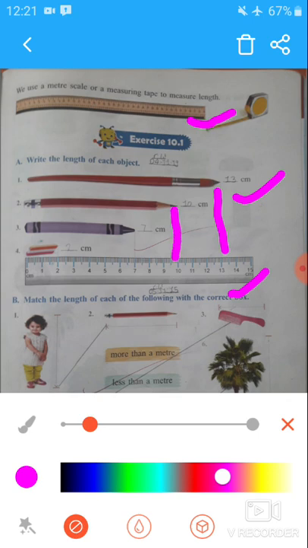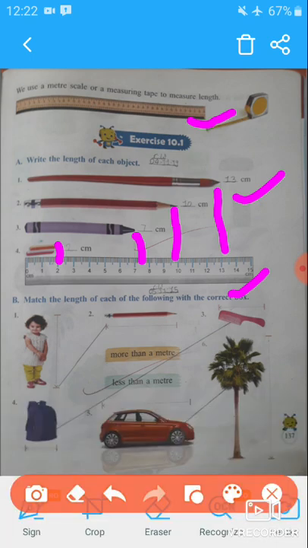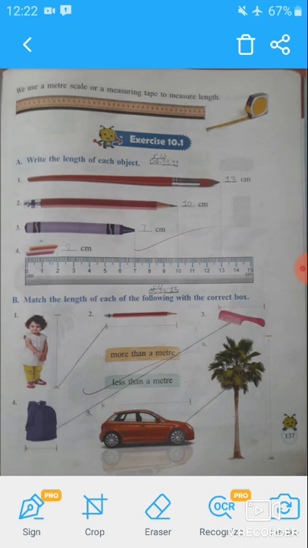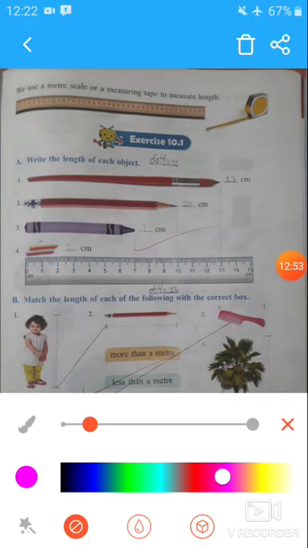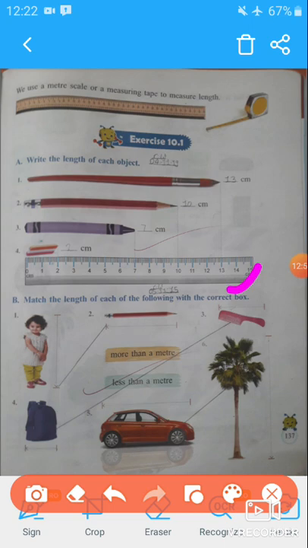Right, 10. And the length of crayon is 7 centimeter. And the length of eraser is 2 centimeter. So students, this way you can measure the length of any short things with the help of centimeter scale.